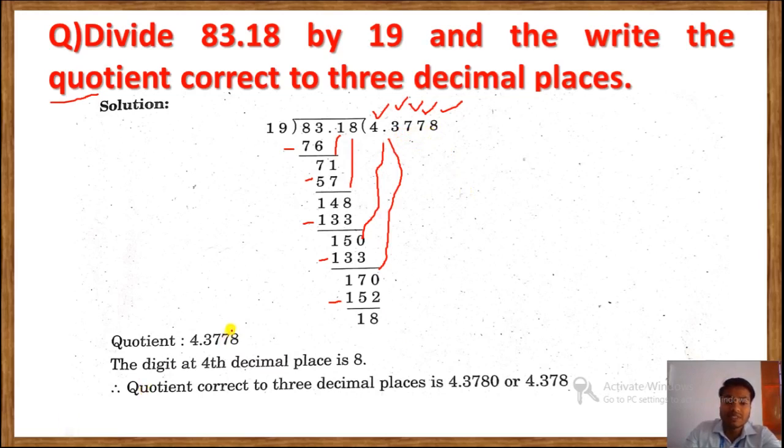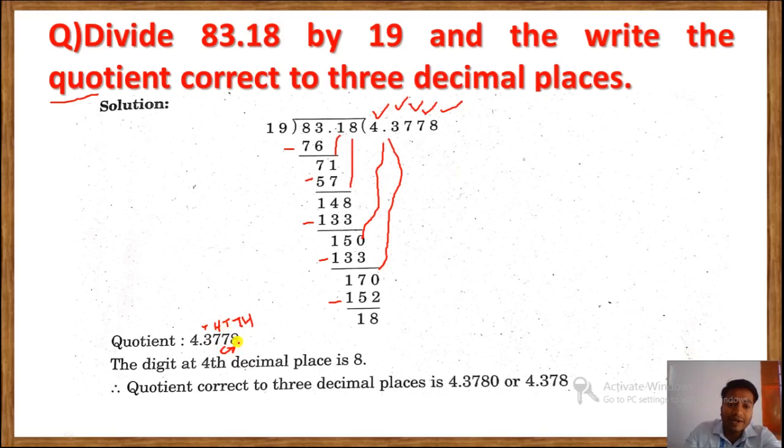Now we have to correct to 3 decimal places. 3 decimal places, that means 10th, 100th, 1000th and 10,000th. So for 3 decimal places, we are talking about 1, 2, 3, this 7. That means the 1000 place. According to this we have to see just right side of the 1000 place, the 3rd decimal place.